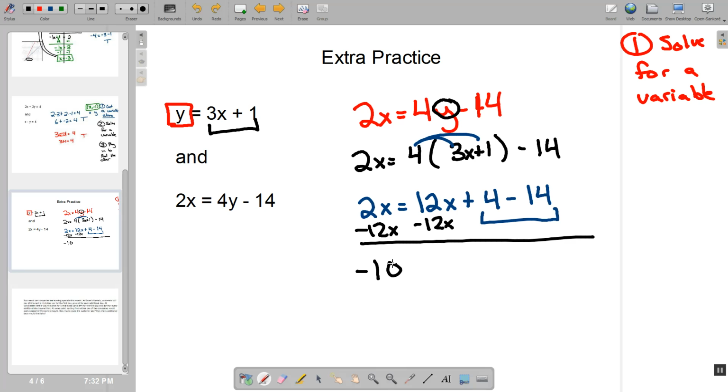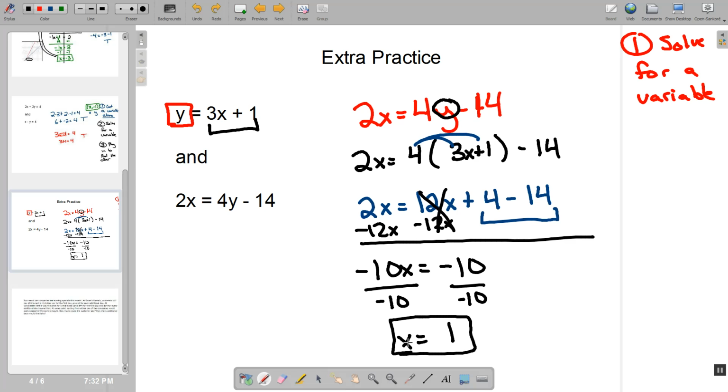So I get negative 10x equals negative 10. Now I divide both sides by negative 10, and at the very end of this process, I get the very nice and clean answer of x equals positive 1, which actually isn't too bad at all.